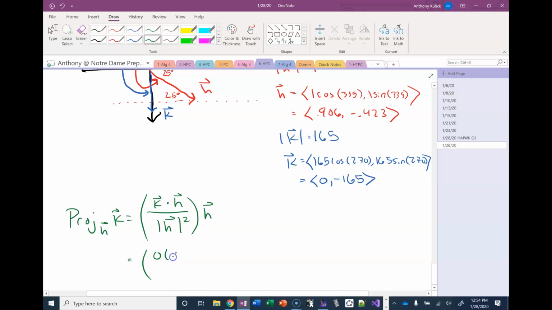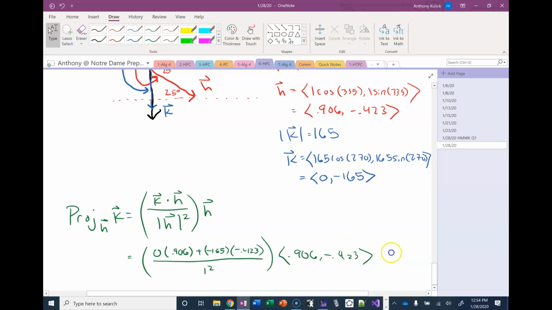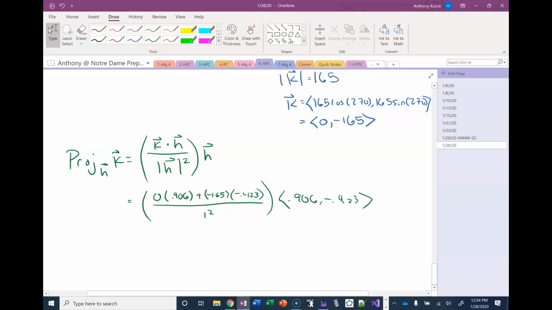So I have 0 times 0.906 plus 165 times negative 0.423, over 1 squared, times the vector 0.906, negative 0.423. Everybody okay with that?